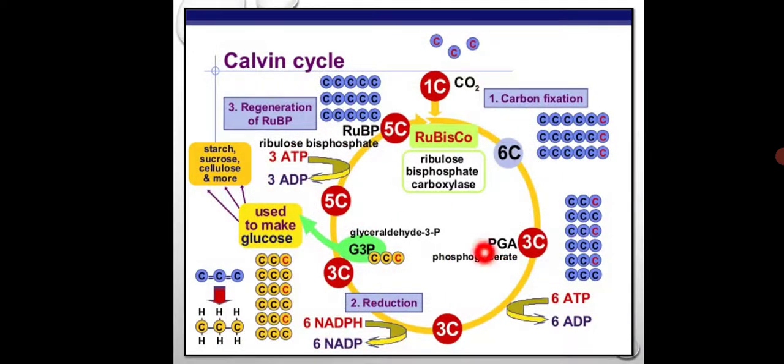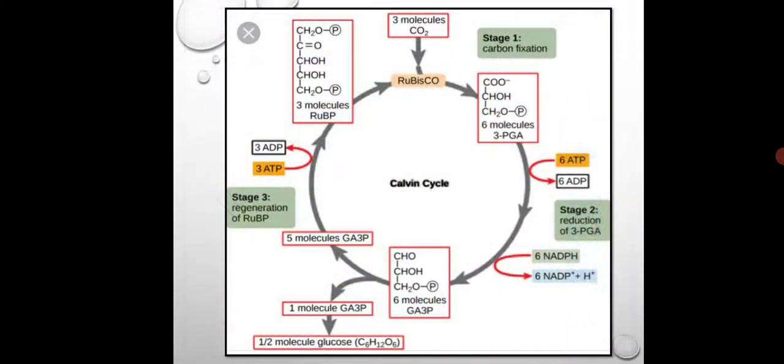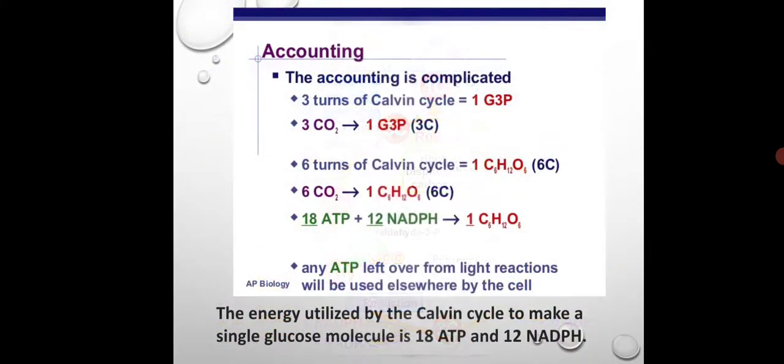Same यहाँ पर दिखाया है. Okay, whatever we have shown in the theoretical form. So overall, if we see the numbering of these carbon compounds or how much ATP is required or produced, then it gives the count like 3 turns of Kelvin cycle. जब Kelvin cycle 3 बार भागती है.